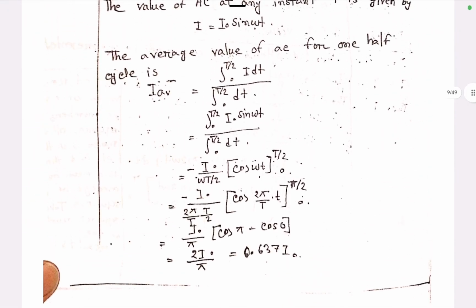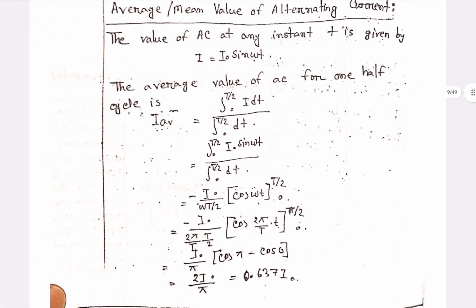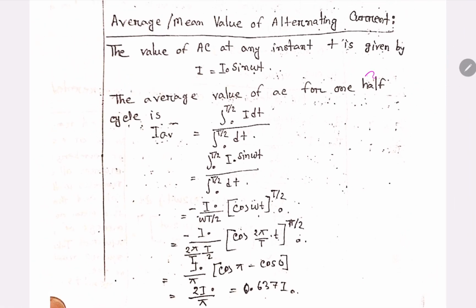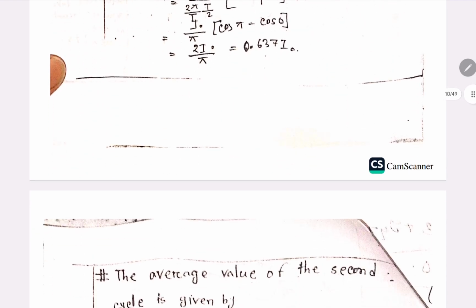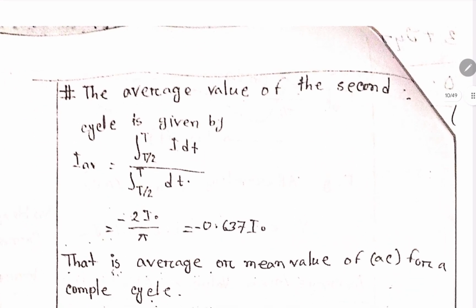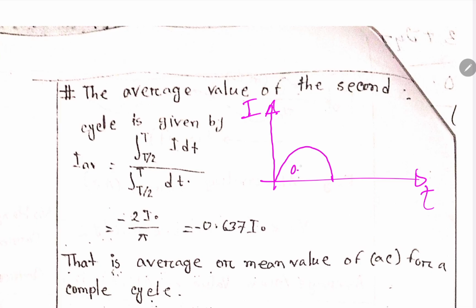So we found the average for a half cycle, right? I told you earlier we found average for half cycle, first half cycle. So if we were to find out for the other half cycle, we would get minus 0.637 I naught. So there you go, you have current for the first half, which is 0.637 I naught, and for the second half you have minus 0.637 I naught.